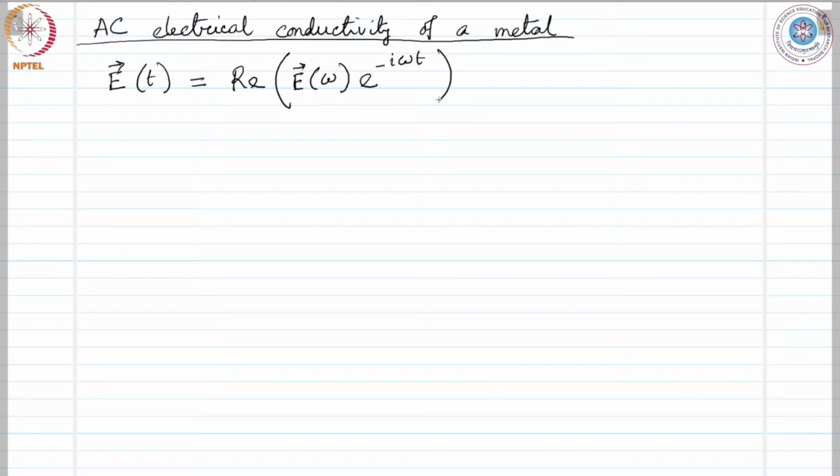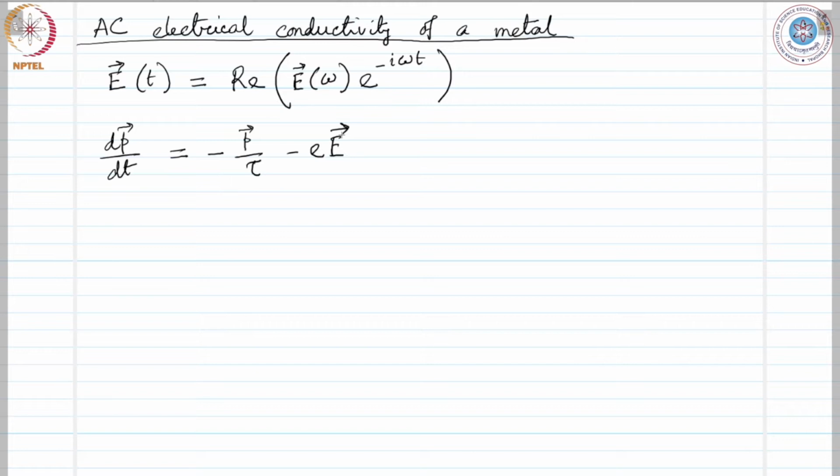Now, the equation of motion of the electrons for the momentum per electron, that is dp dt equals the damping term minus p over tau minus e times the electric field.